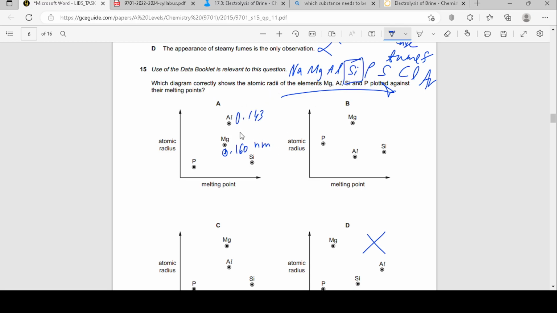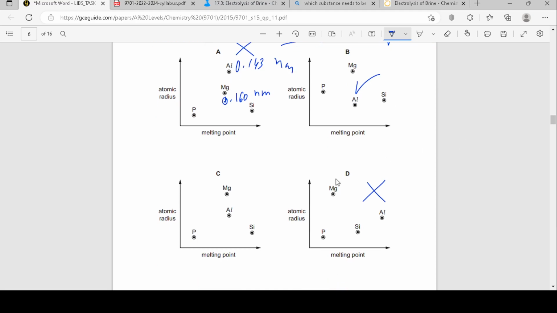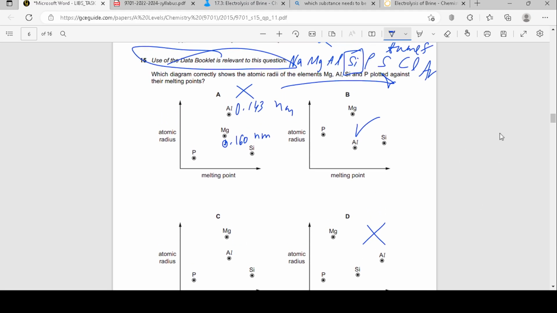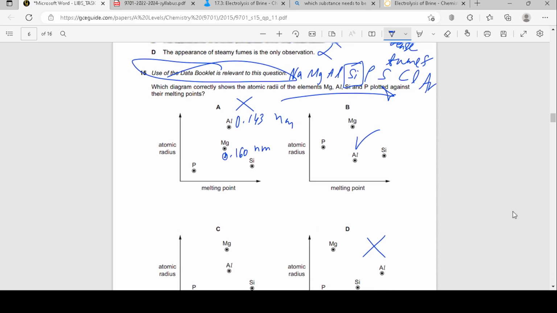So the atomic radius of aluminium, according to the data booklet which they said is relevant to this question, should be smaller than that of magnesium, which is not the case in A, because you can see that they've shown it as higher. It is the case in B. They have shown aluminium has a smaller atomic radius, and again in all the other options, aluminium has been shown as having a smaller atomic radius.